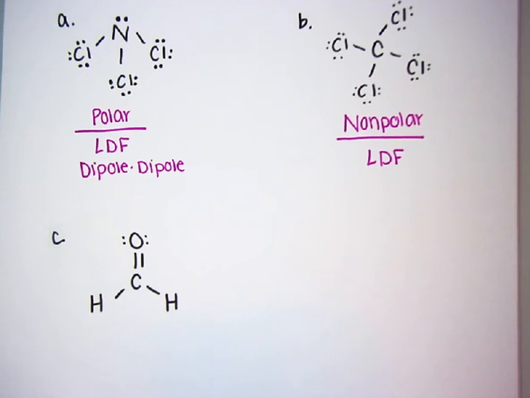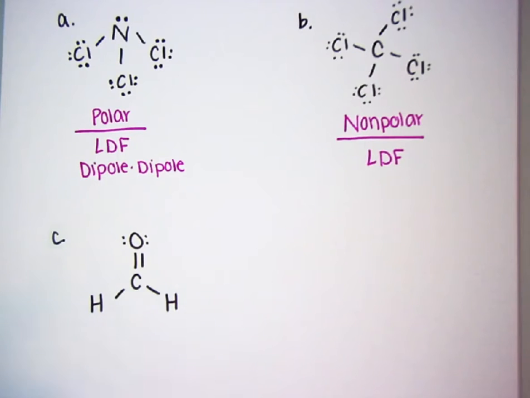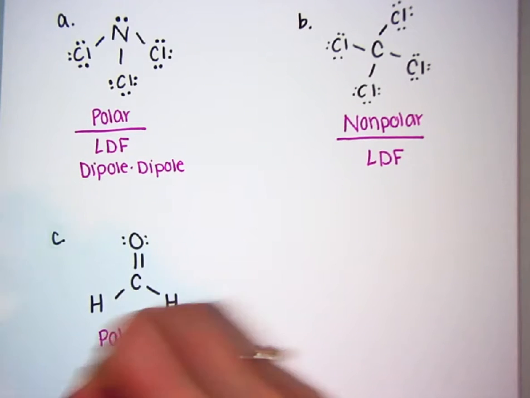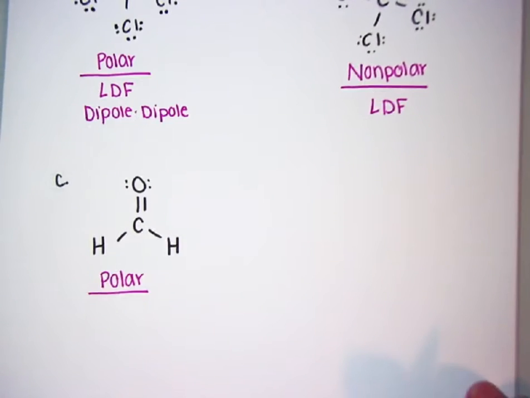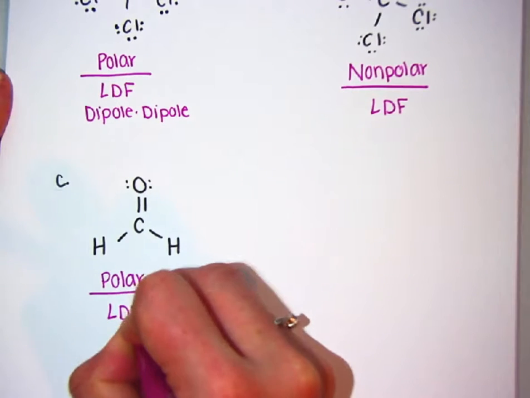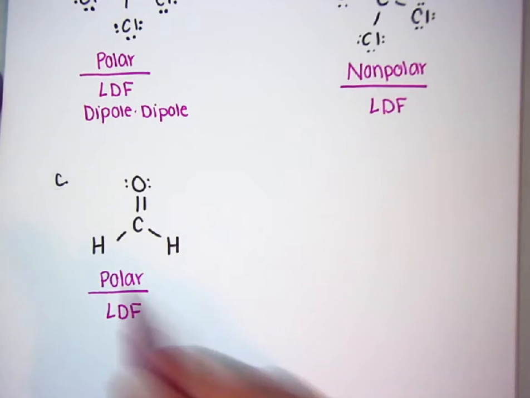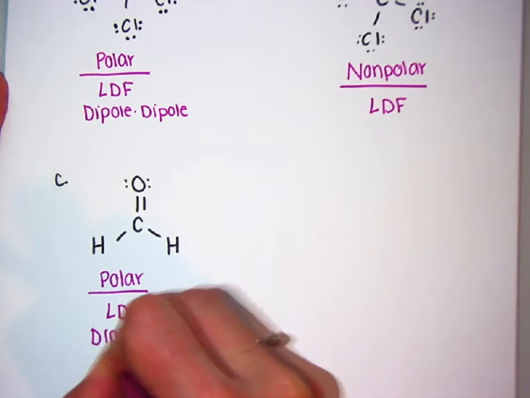It's not symmetrical, so vectors aren't going to cancel. I am going to have a dipole moment. This is a polar molecule. Automatically, every single molecule has some LDF acting on it, holding it to a neighboring molecule. Since this is polar, it's also dipole-dipole.